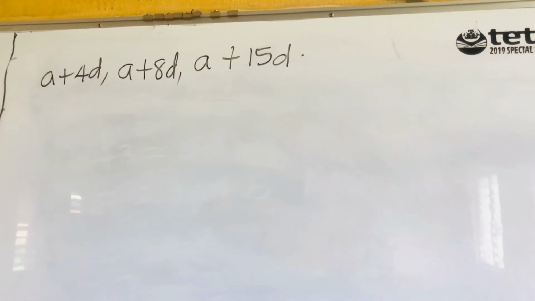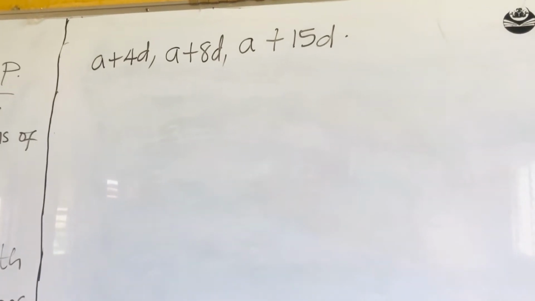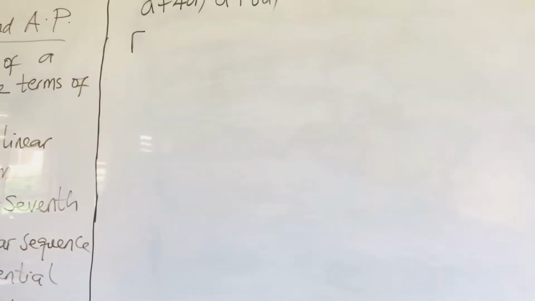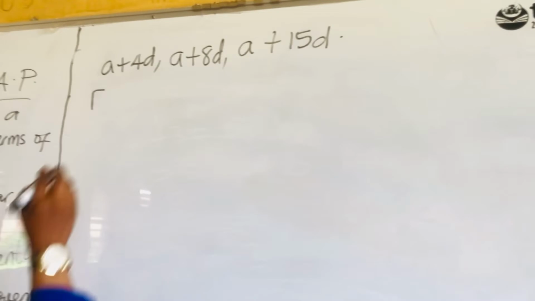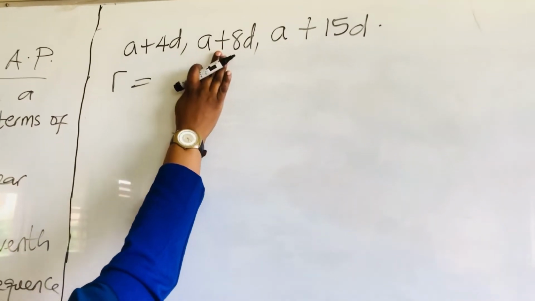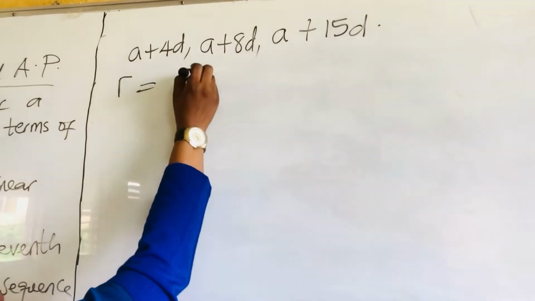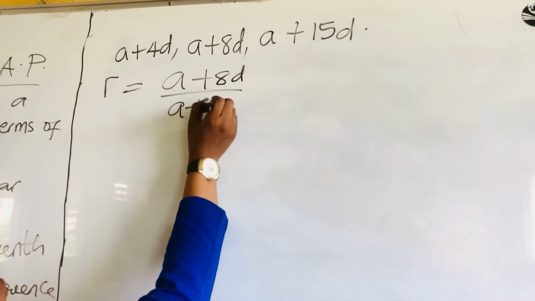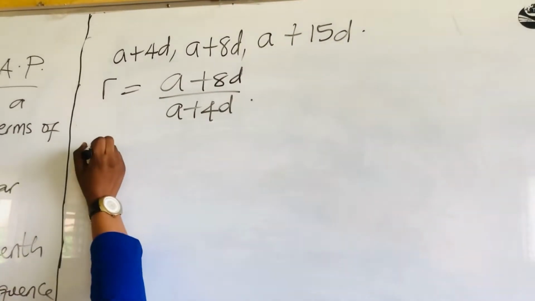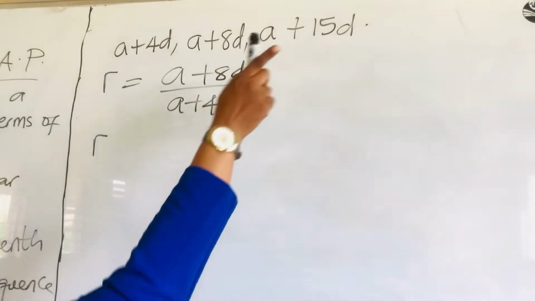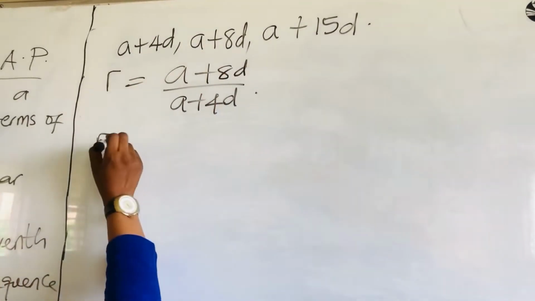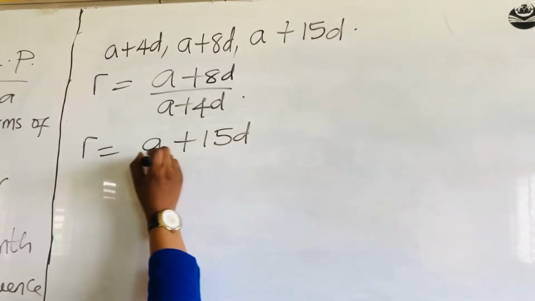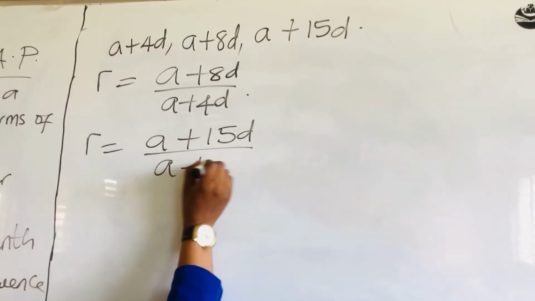So the first thing is that we need to find the common ratio. So common ratio is small letter r. It will be the second term divided by the first term, a plus 8d over a plus 4d. And also, the common ratio is the third term divided by the second term, which is a plus 15d divided by a plus 8d.